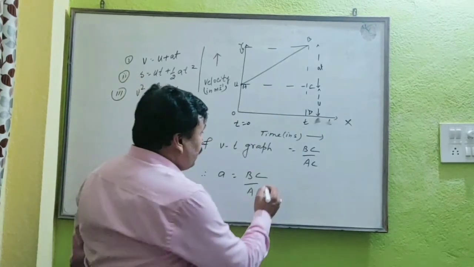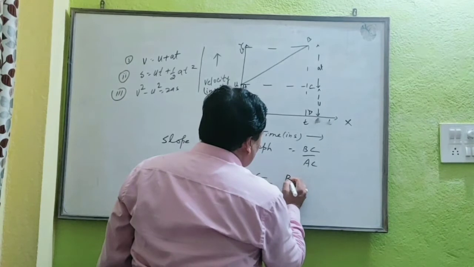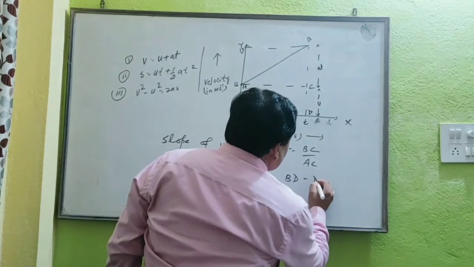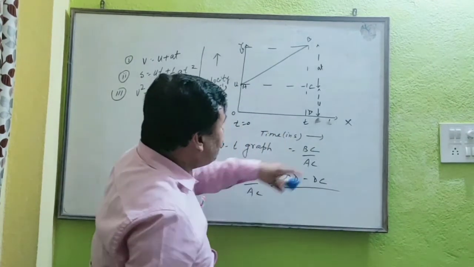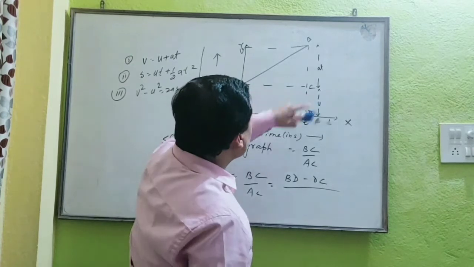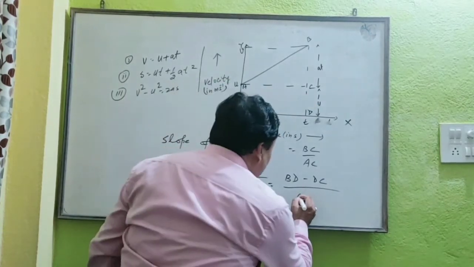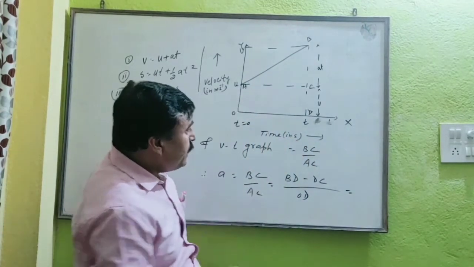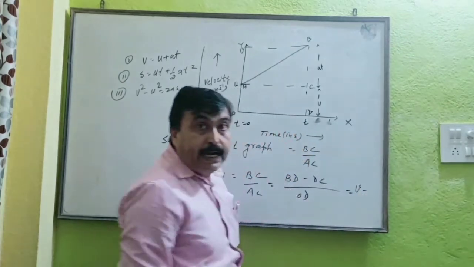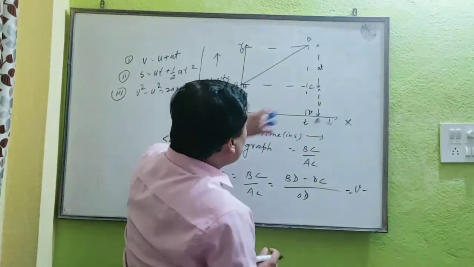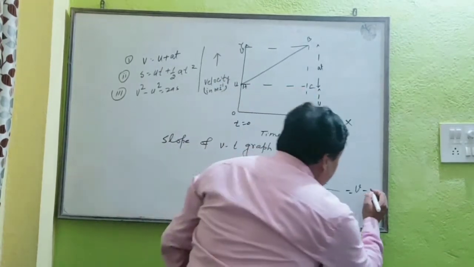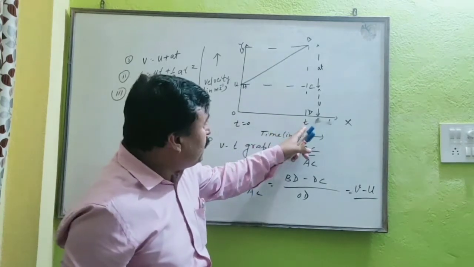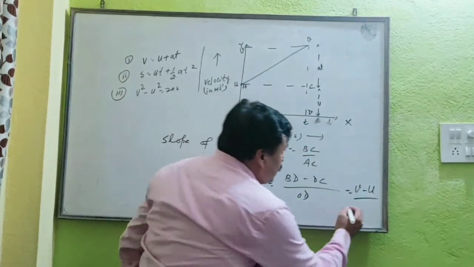From the graph, BC is equal to BD minus CD, and AC is equal to OD. BD is the final velocity v, CD is u, and OD is the final time t minus 0.